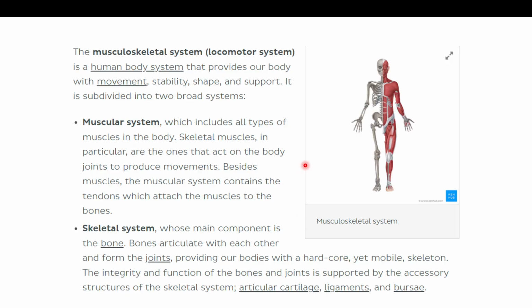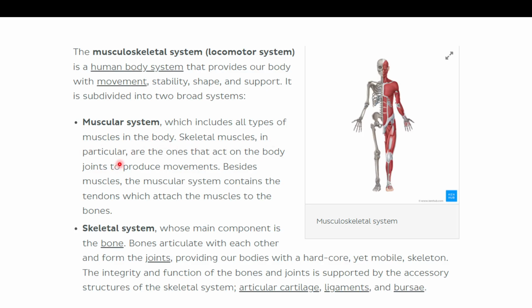Now, when we talk about the locomotor system or the musculoskeletal system, after the circulatory system, this helps in movement, stability, and in providing a particular shape and support to our body. The musculoskeletal system can broadly be divided into the muscular system and skeletal system. The muscular system includes all types of muscles in the body.